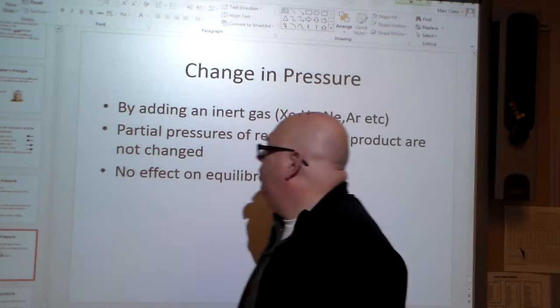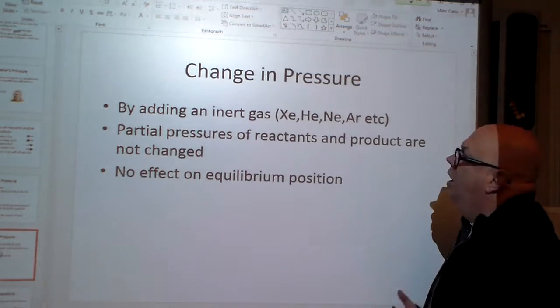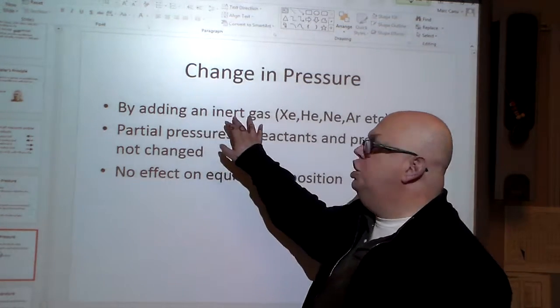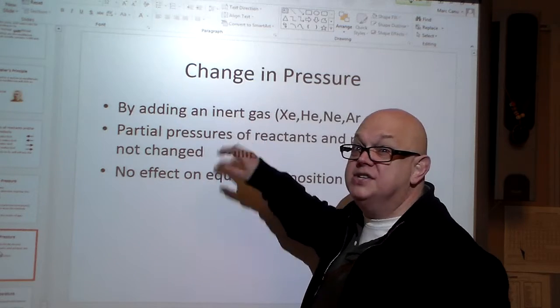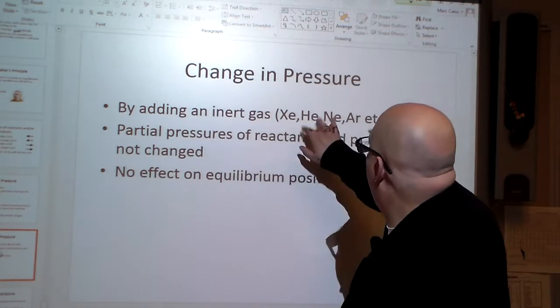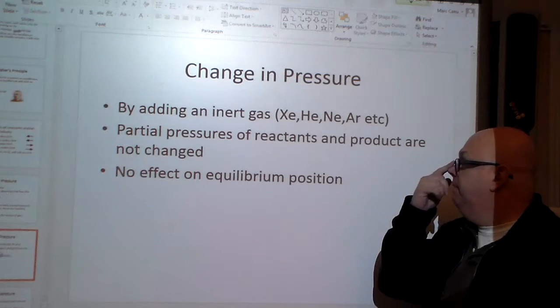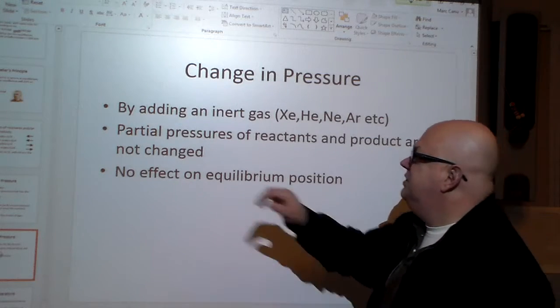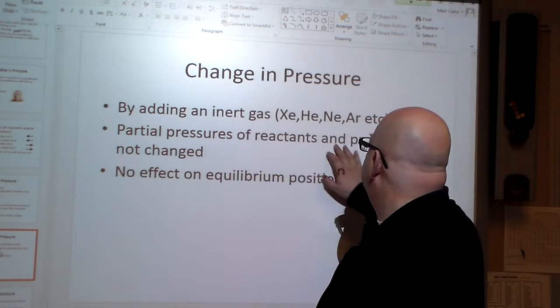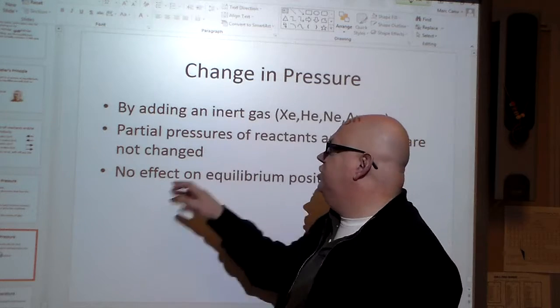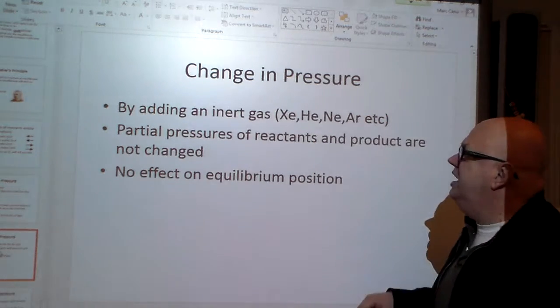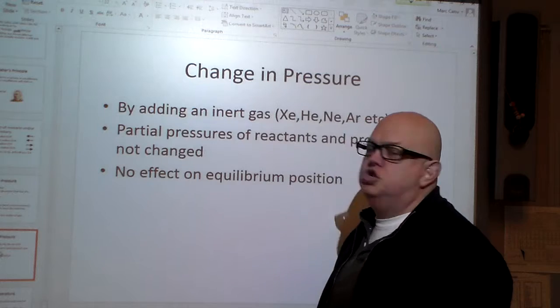Now, change of pressure. Another way we could do it is adding an inert gas or a noble gas. Gases that don't really react, like xenon, helium, neon, argon, etc. So what happens is the partial pressures of the reactants and products are not changed. There's no effect on the equilibrium position.